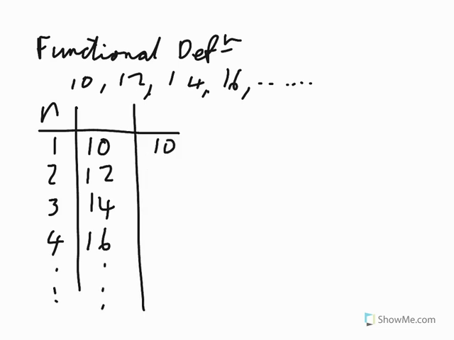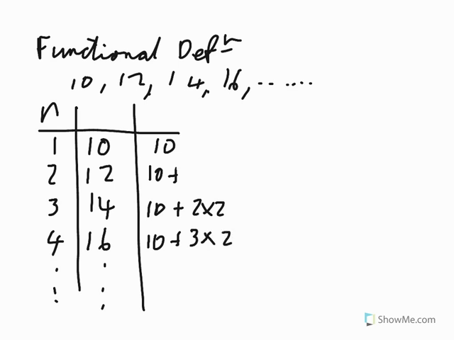Well, what we've got here is 10 for the first one. Here we've got 10 plus 2. Here we've got 10 plus 4, which is 2 times 2. Here we've got 10 plus 6, which is 2 times 3, or 3 times 2.